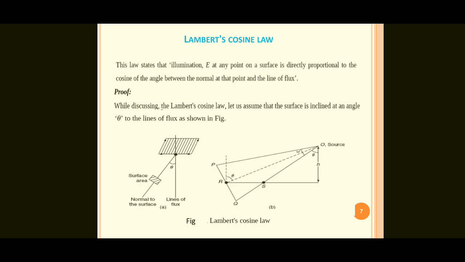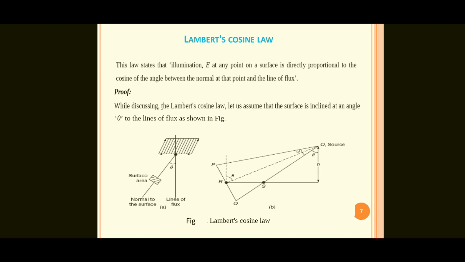So the illumination of the surface from figure B is equal to flux per area of PQ. So this finally we got I by d square. So flux per area of PQ by cos theta; finally we got I by d square cos theta.